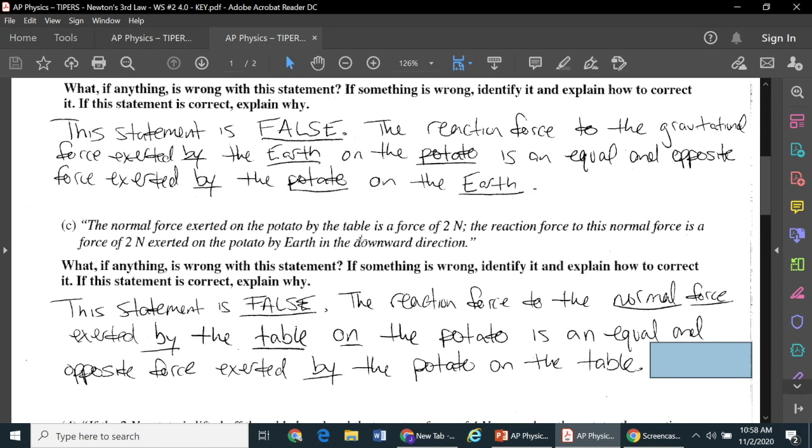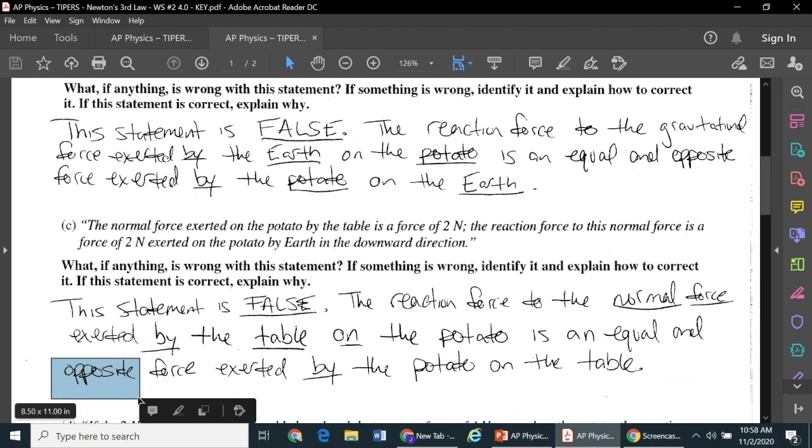And I would write, if I were you, in parentheses next to that, in the upward direction. I said that it's opposite, and so there's not a whole lot of ambiguity there, but we should be crystal clear that the reaction force is, in fact, upward. Take a second to pause this video here and write that down, and when you hit play, we'll move on to the last one on this side of the sheet.